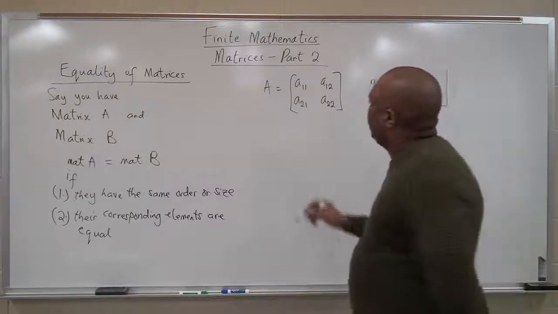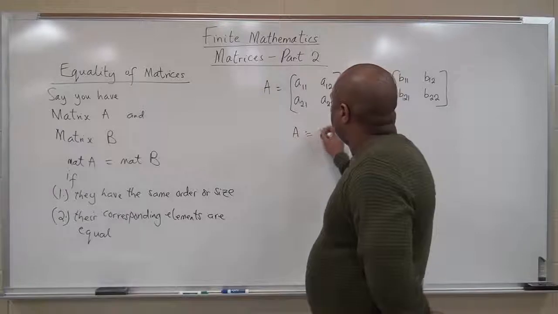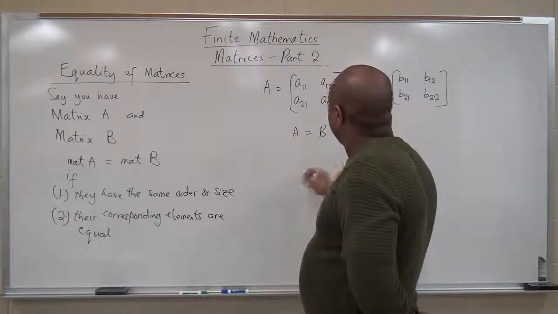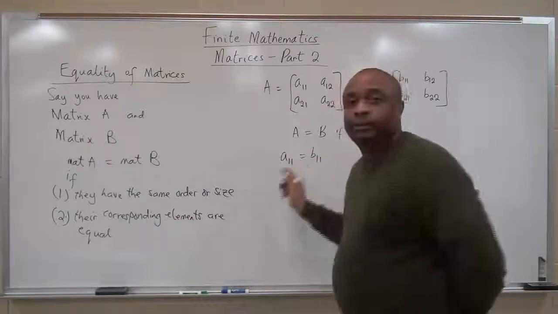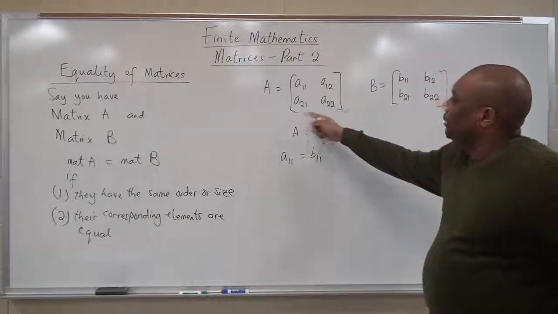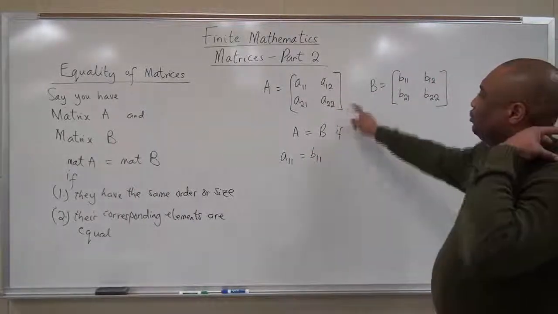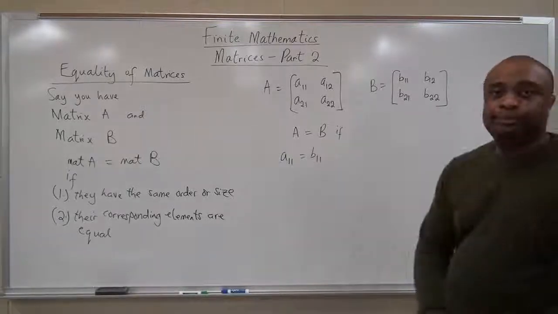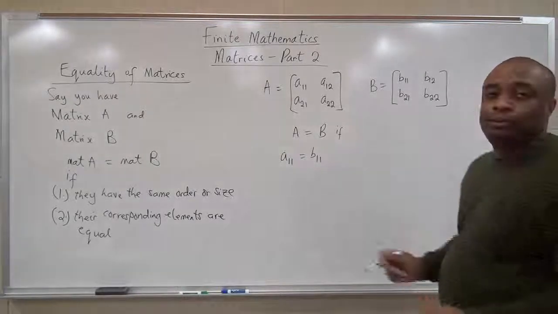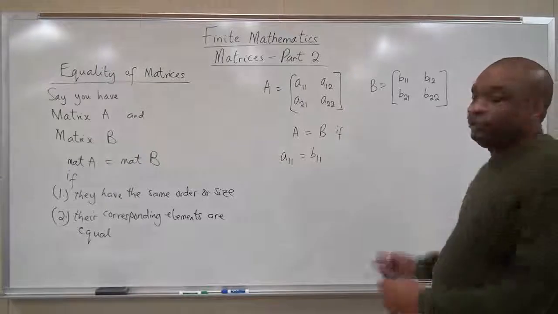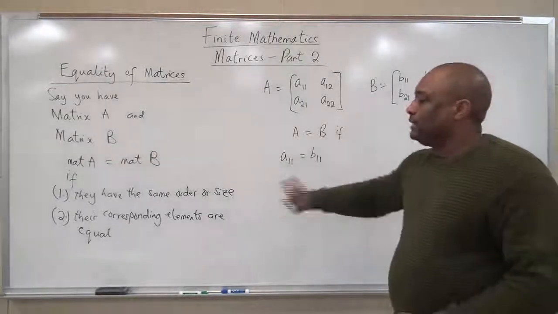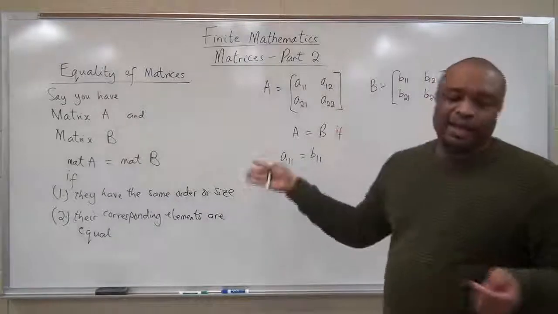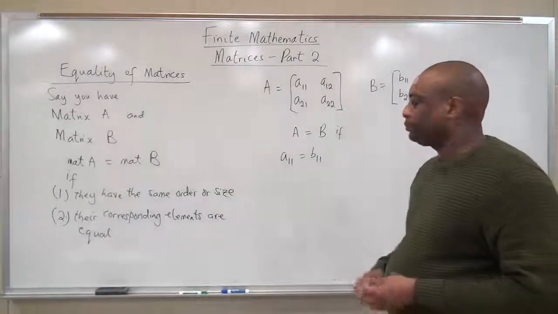So you have that A is equal to B if A11 is equal to B11. Okay, first of all, you have the order. This is 2 by 2 and this is 2 by 2. A is a 2 by 2 matrix and B is a 2 by 2 matrix. So they have the same order.